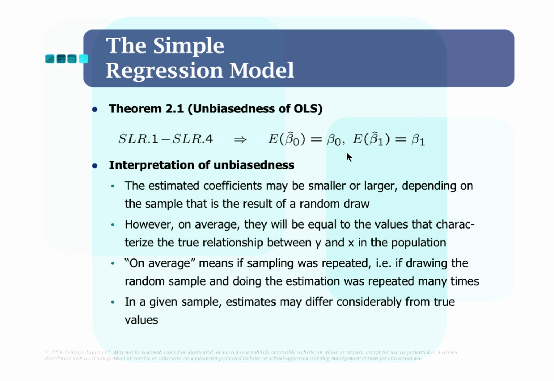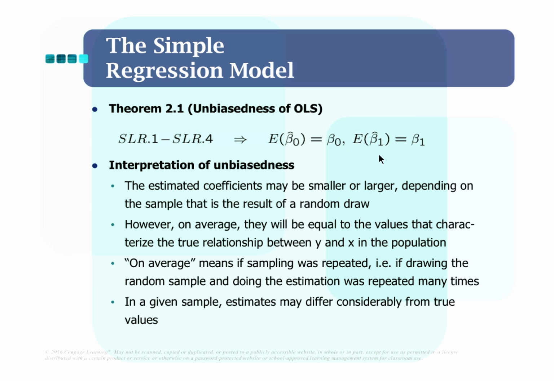But notice that unbiasedness doesn't mean that the actual estimate coming from a random sample is equal to beta 0. In practice, the estimated coefficients may be smaller or larger depending on the sample. Because the sample is random, the estimator beta 1 hat is also a random variable, right?